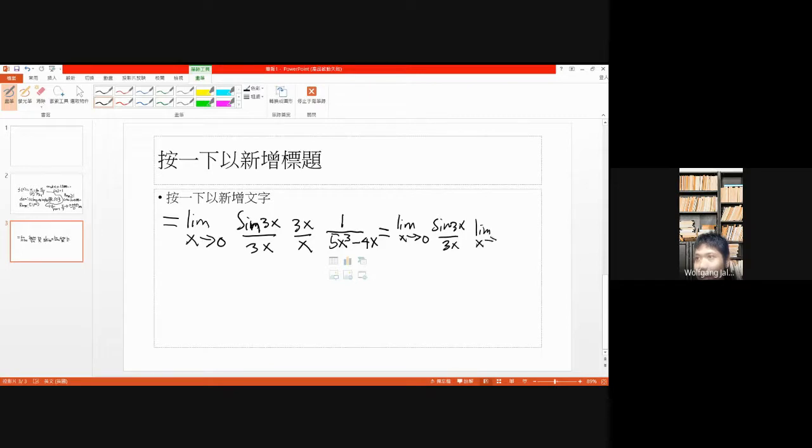So you can separate limit into each of these things: 3x over x approaching 0, limit x approaching 0, 1 over 5, and so on. And I think the rest is easy. This one is 1. This one is 3. 1 times 3 times this one is 1 over.